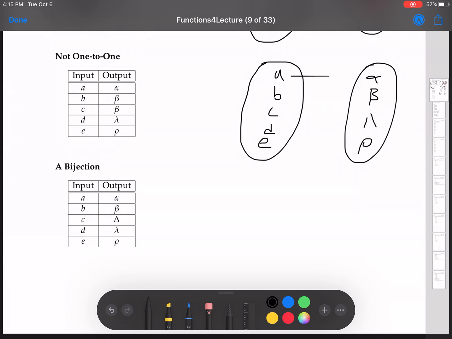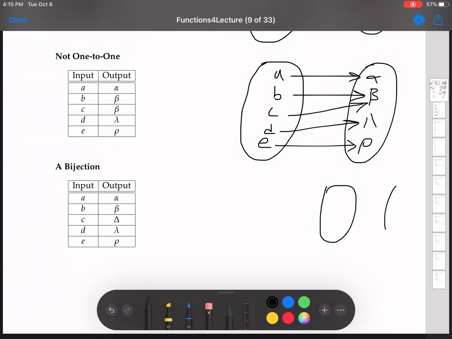Here we have A going to alpha, B going to beta, C going to beta, D going to lambda, E going to rho. We have two inputs that go to the same output. This is not one-to-one. Remember, the general situation is something like this.